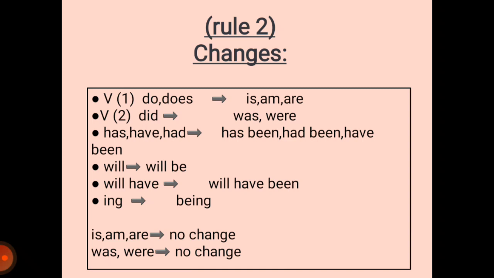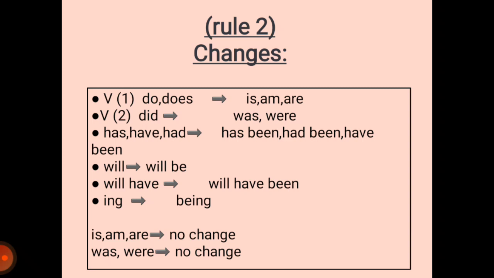V2 means if there is the second form of verb in any tense, that will be converted into was and were. Of course, V1 means present tense, V2 means past tense. So present tense will be converted into is, am, are, and past tense will be converted into was, were.